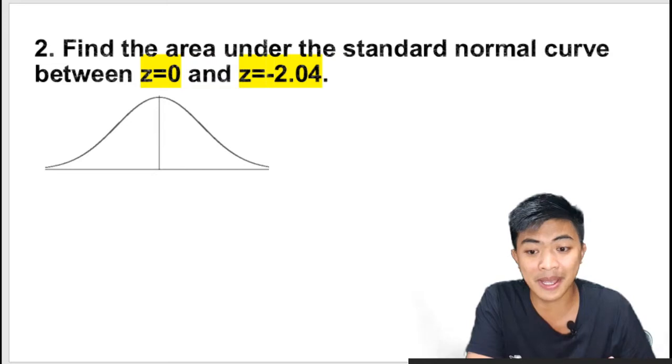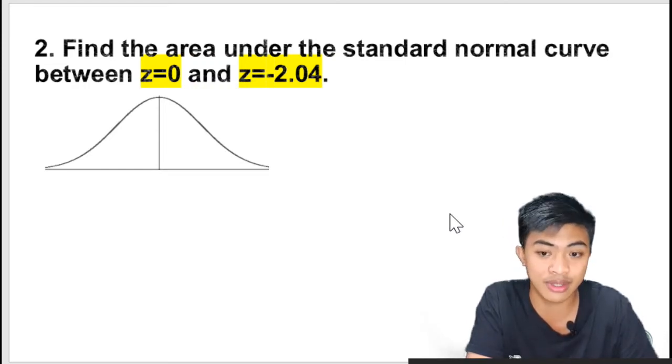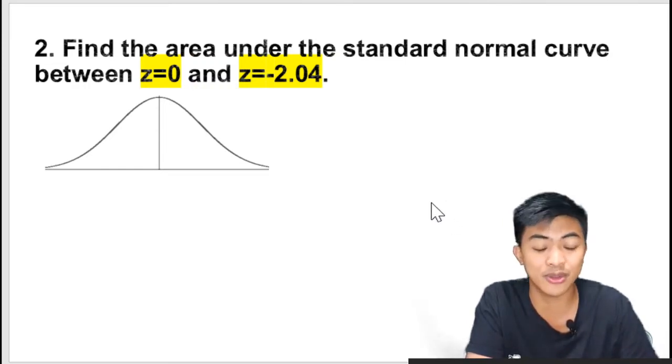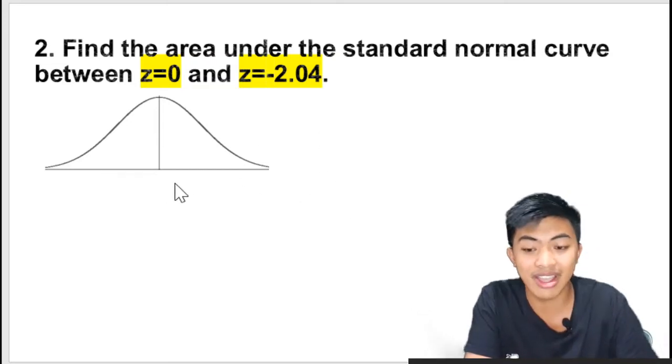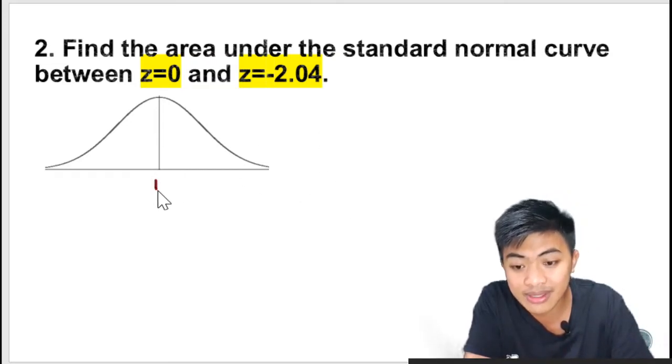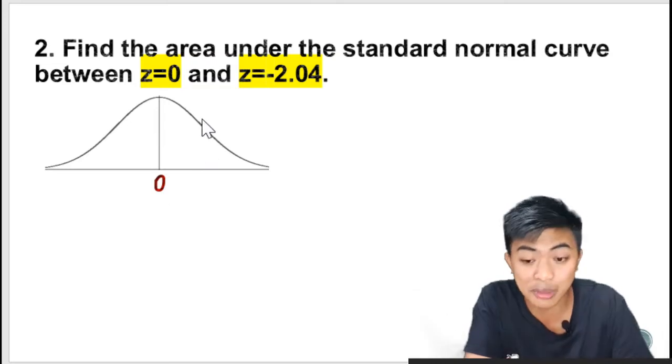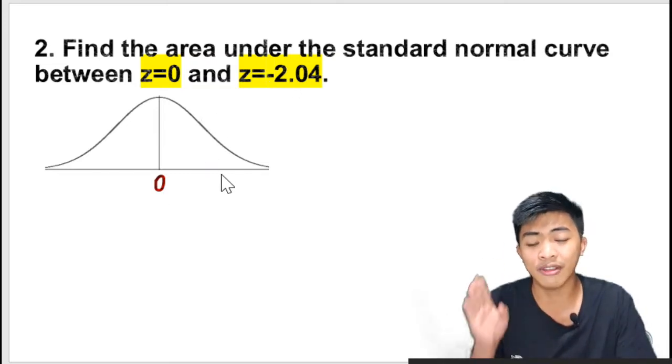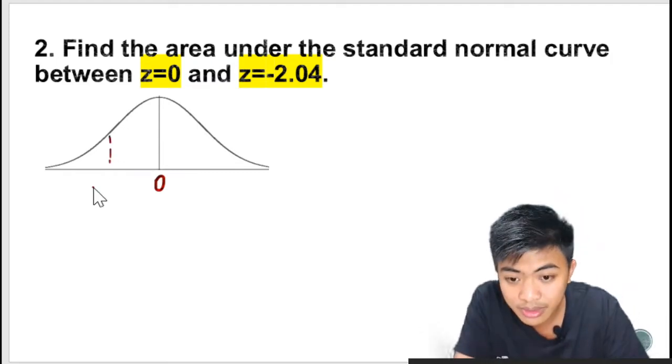Okay, next example. Find the area under the standard normal curve between z is equal to 0 and z is equal to negative 2.04. First step is to sketch the normal curve, and then we have to plot this z-scores in the normal curve. Since that is negative, that is somewhere in the left of 0, negative 2.04.